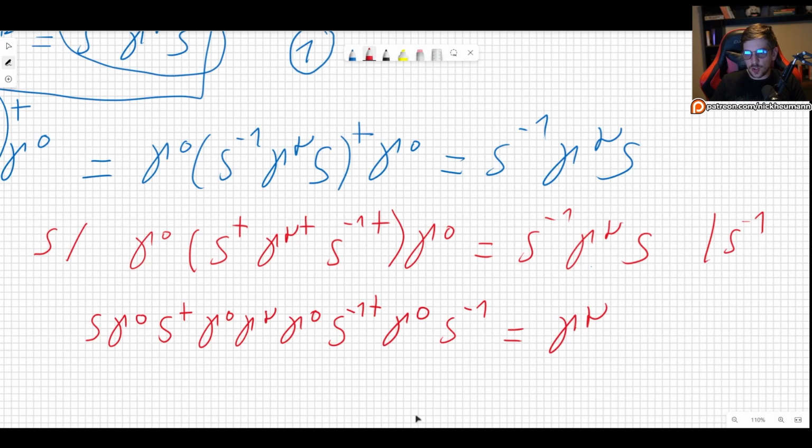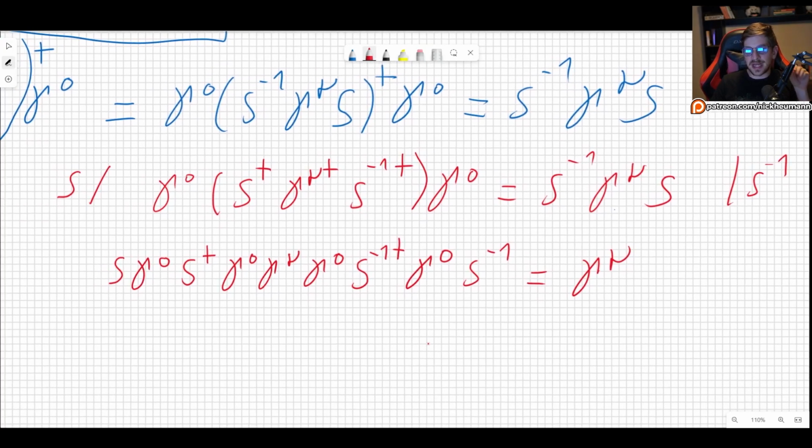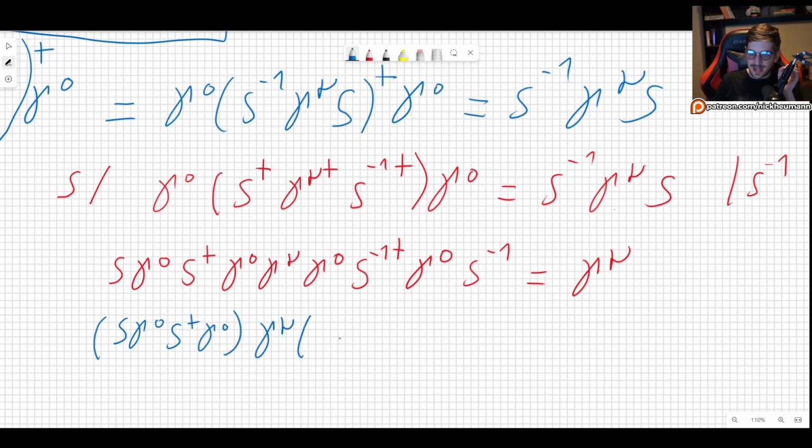Now, this may look like a huge mess, but I'm going to just place some parentheses that are going to change everything. So we have S gamma 0, S dagger, gamma 0, and then we have gamma mu. And then we have gamma 0, S to the minus 1 dagger, gamma 0, S to the minus 1.